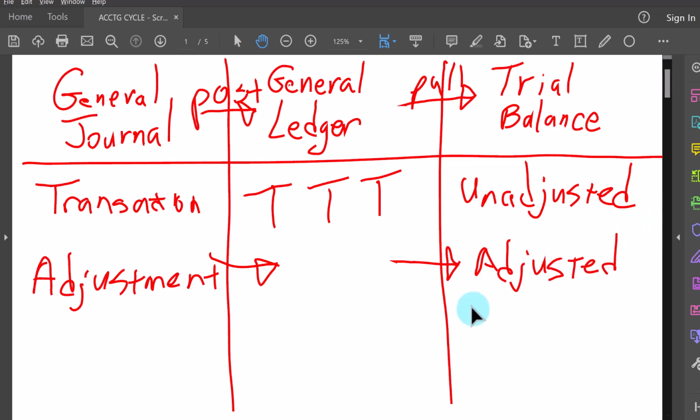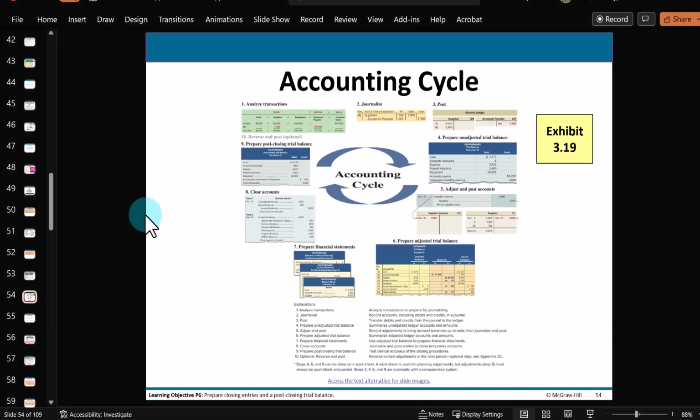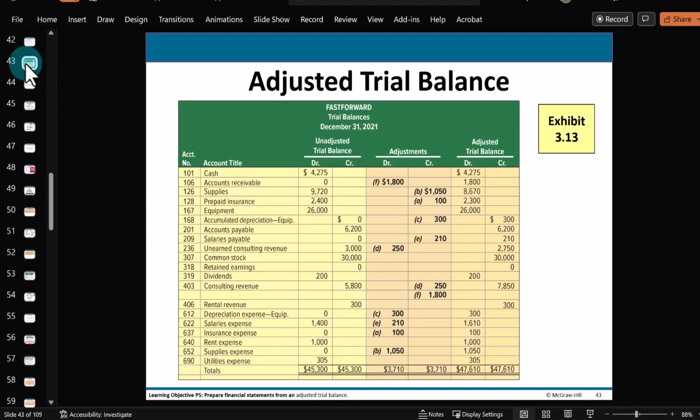To help us figure out these adjustments, we learned in the previous video there's something called a worksheet. So let me point that out again. This spreadsheet. Here's that unadjusted trial balance. We pull those balances, making sure total debit balances equal total credit balances in the general ledger.